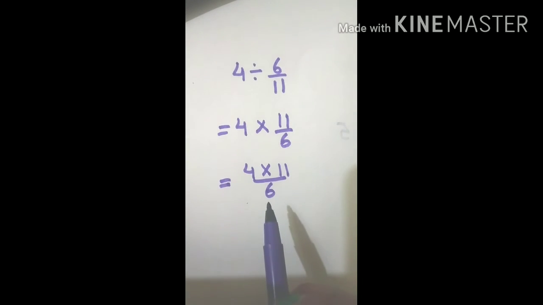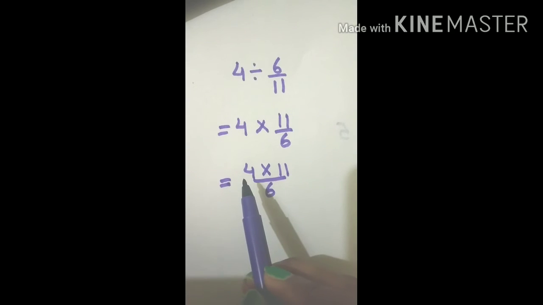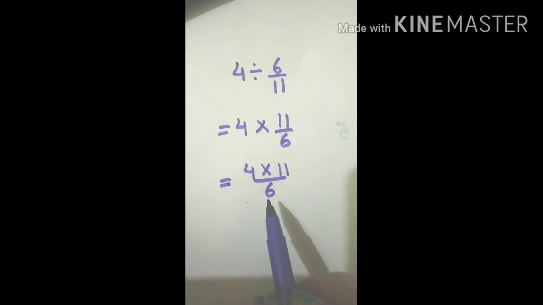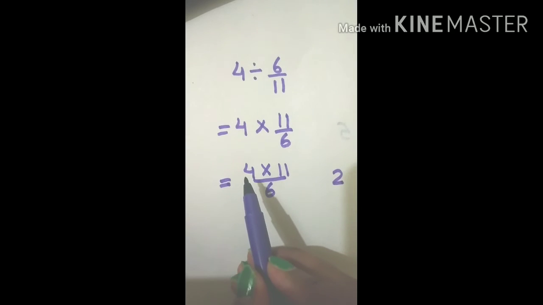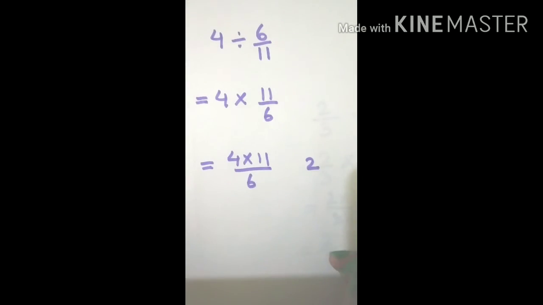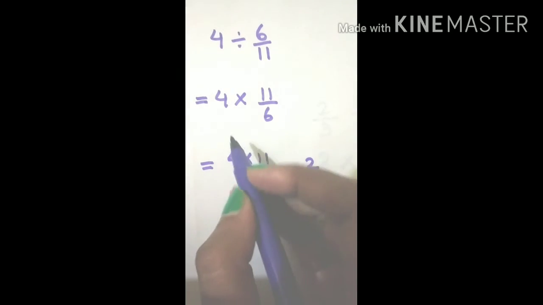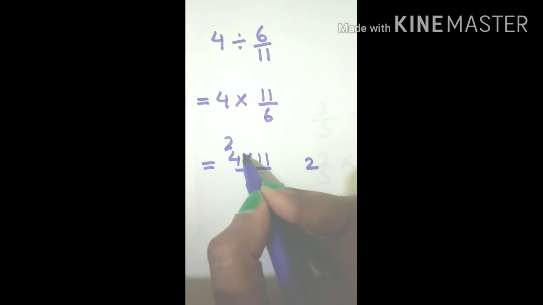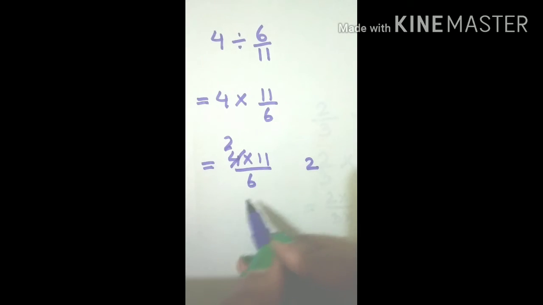Now students, if you observe carefully, you can say that the numerator 4 and the denominator 6 has a common factor, and the common factor is 2. That means we can divide both 4 and 6 by 2. So students, 2 multiplied by 2 is 4, and 2 multiplied by 3 is 6.